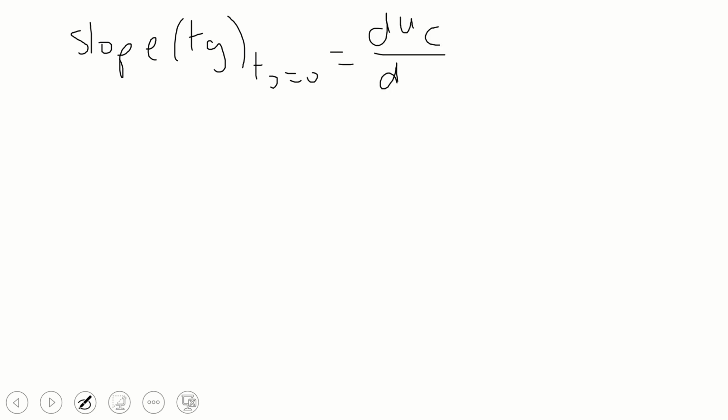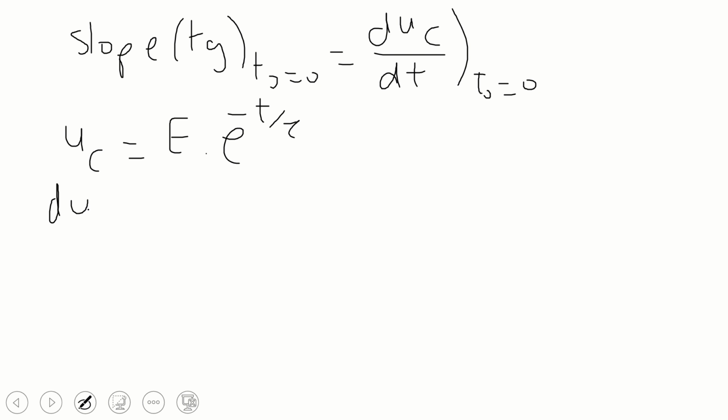The slope of the tangent to UC at t0 equals 0 equals the derivative of UC as a function of time at the instant t0 equals 0. During discharge, UC equals E exponential minus t over tau.